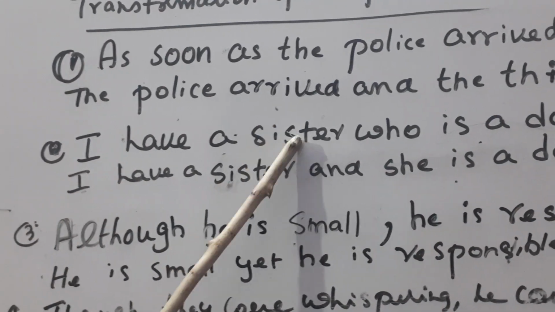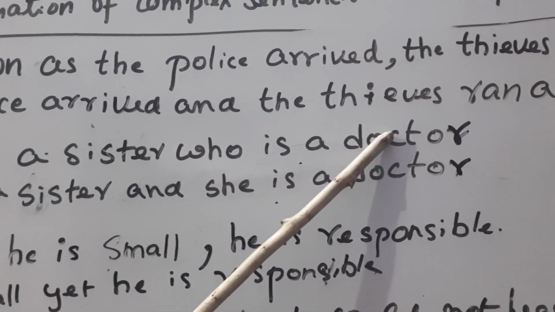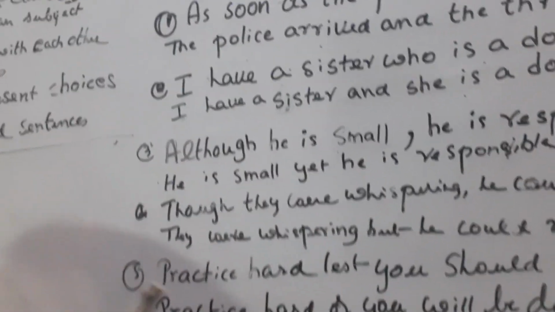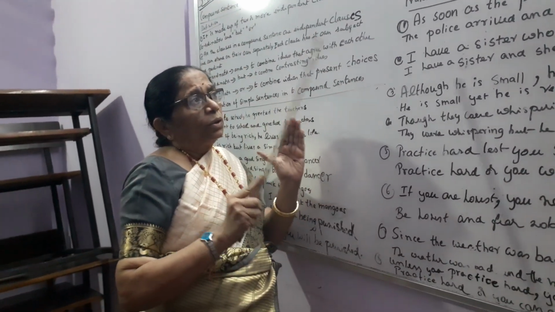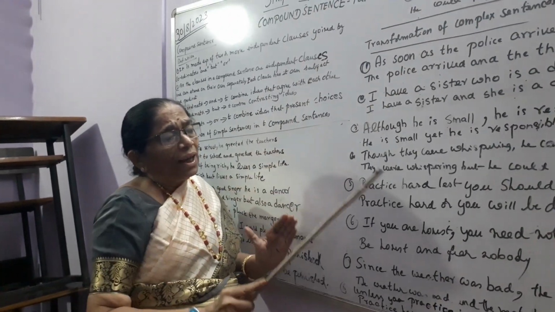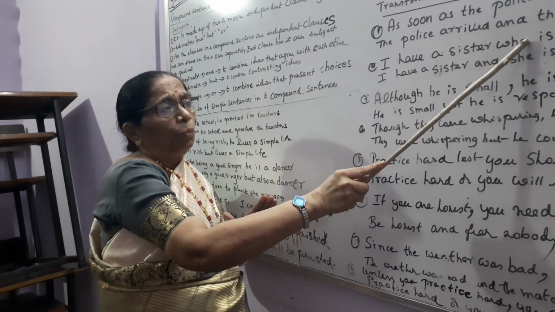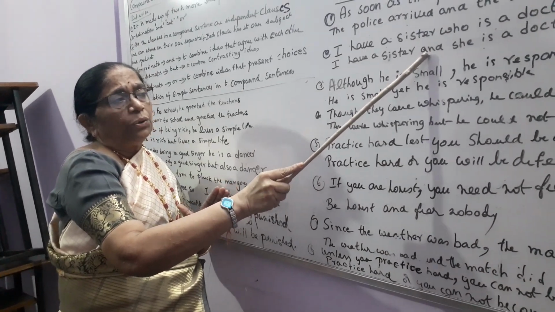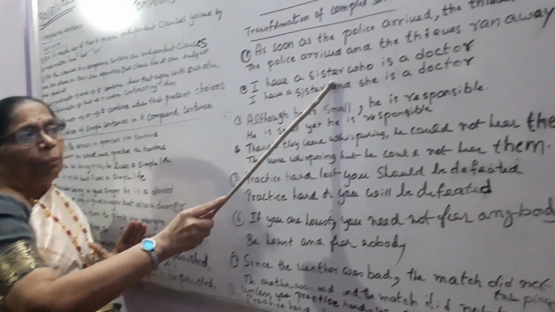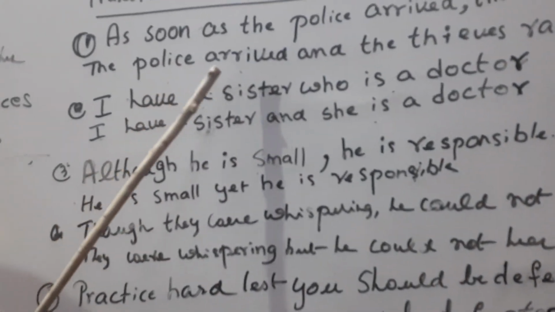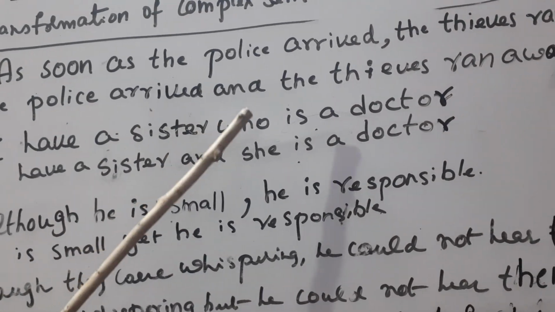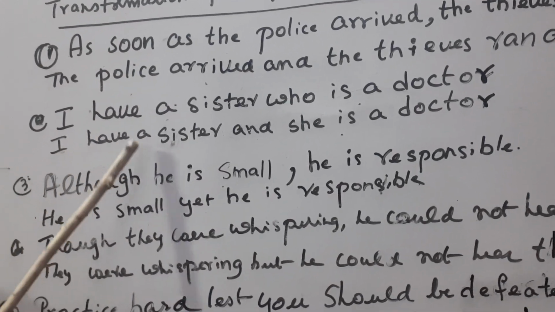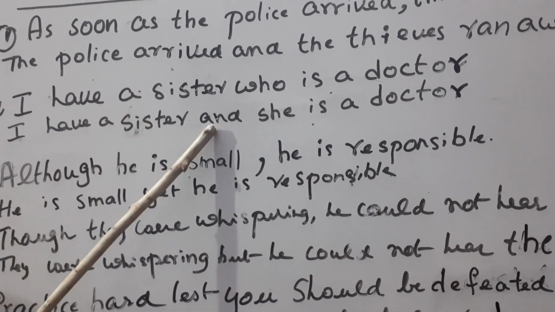Next, I have a sister who is a doctor. Whenever the complex sentence uses a relative pronoun, the compound sentence will generally use "and."